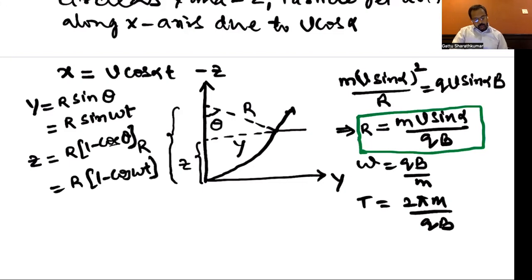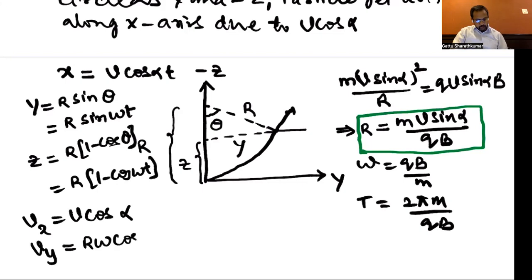Therefore, your Vx becomes V cos alpha, which is dx by dt. Vy becomes r omega cos omega t. And your Vz becomes r omega sin omega t.